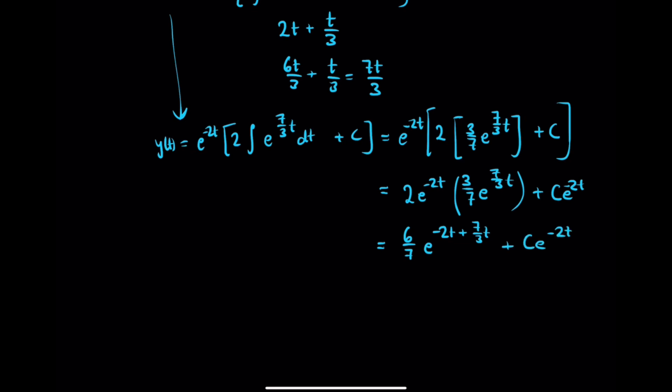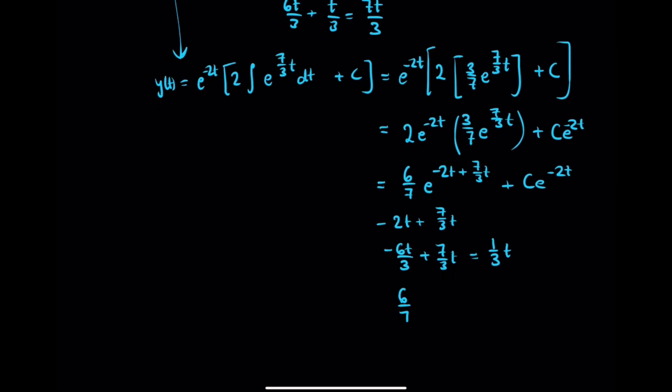So again, we just added the exponents: minus 2t plus 7 over 3t, so minus 6t over 3 plus 7 over 3, so that's just t over 3, right? I should be more clear, 1/3 t. So 6 over 7 e to the 1/3 t plus c e to the power of minus 2t. All right, that's your y(t).